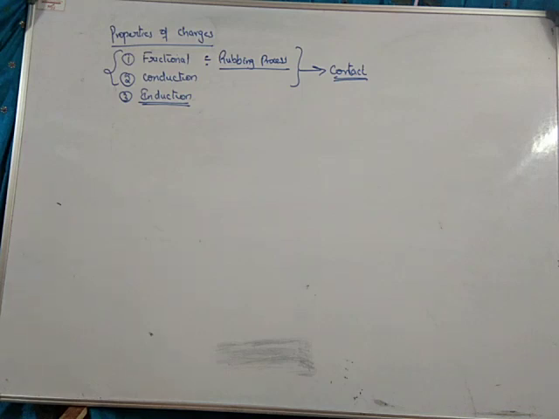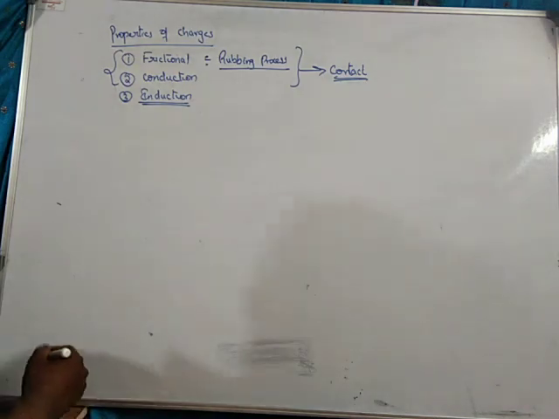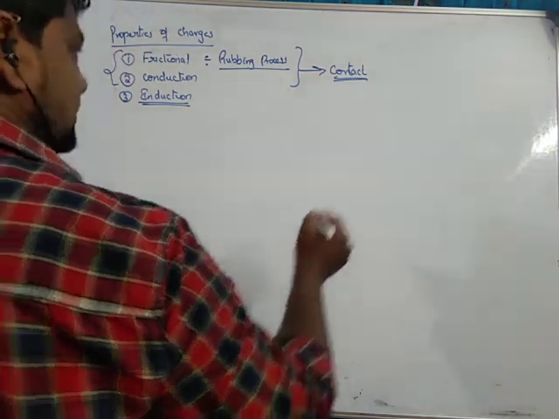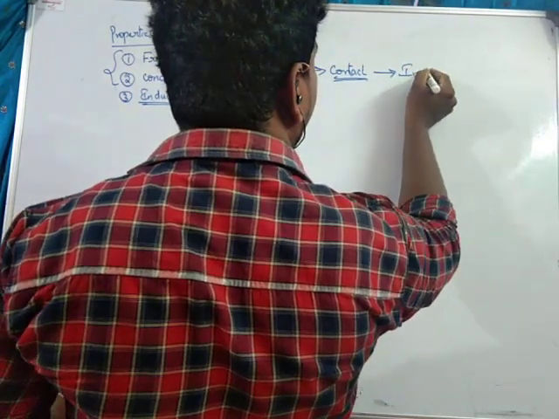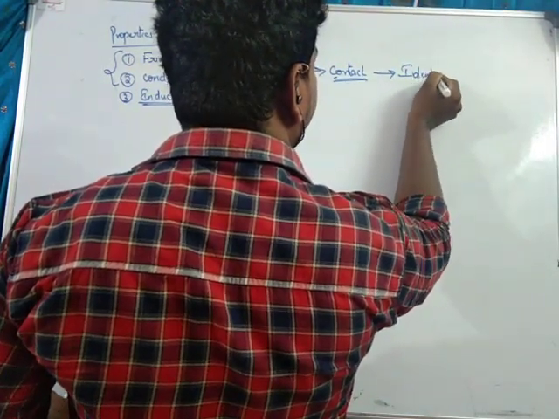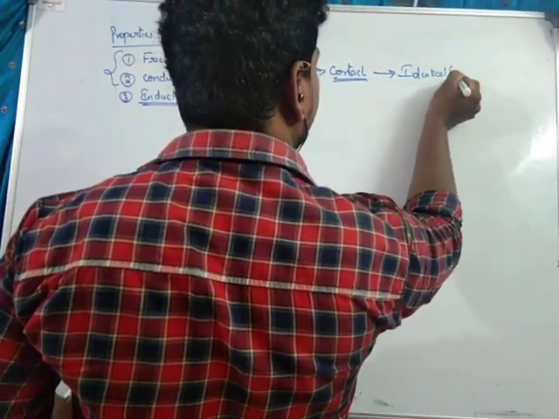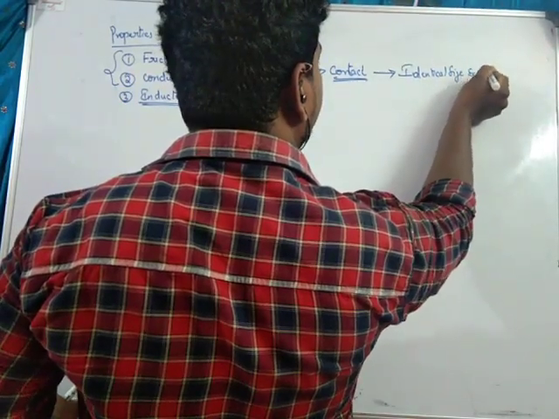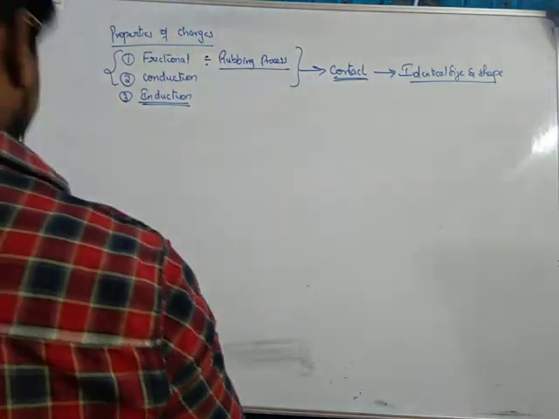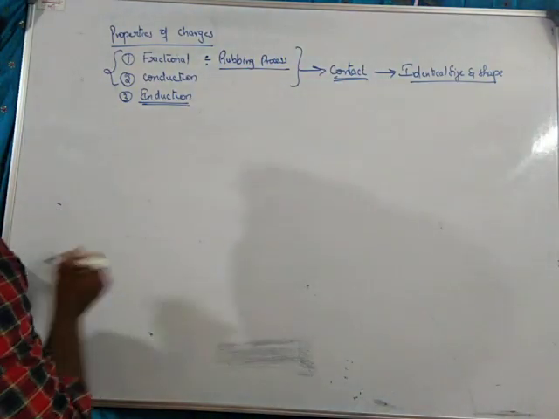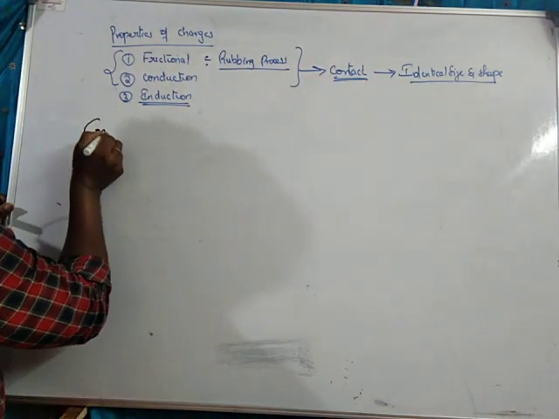And if you consider the conduction, for the conduction also, we will consider the same consideration, that is identical size and shape. So here we will define the process of conduction.